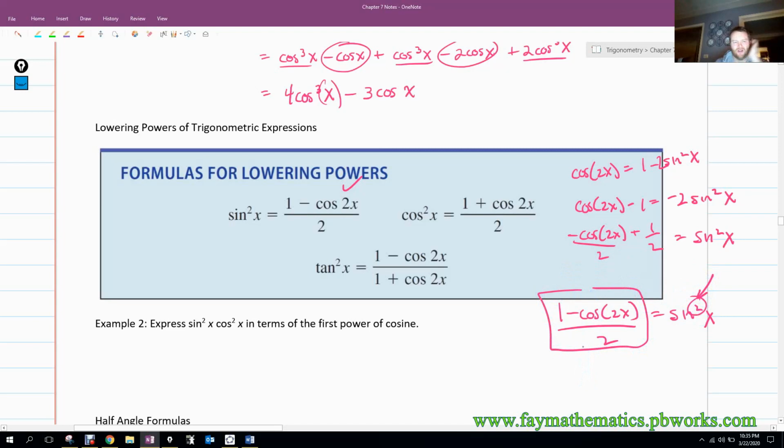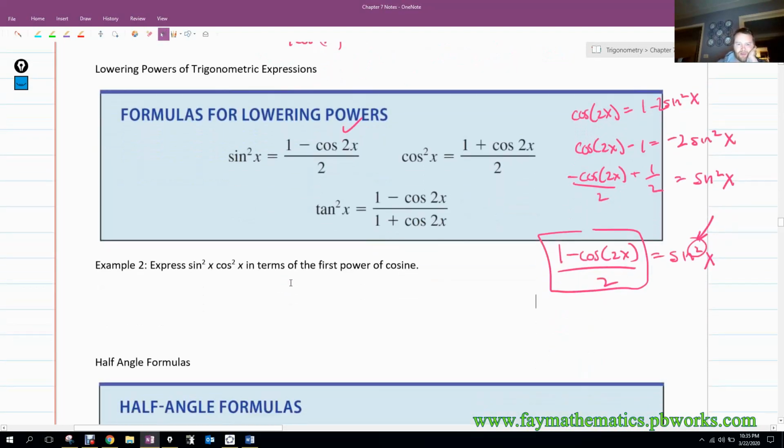Okay. So here's an example of this. It says express sine squared x cosine squared x in terms of the first power of cosine. So sine squared is 1 minus cosine of 2x over 2. And cosine squared x is this one, so 1 plus cosine of 2x over 2.